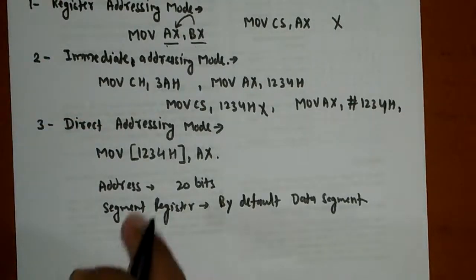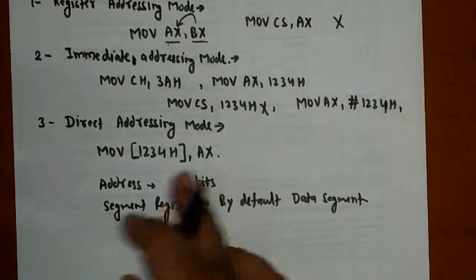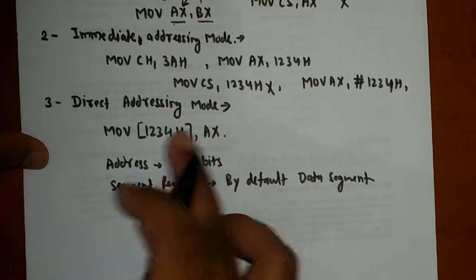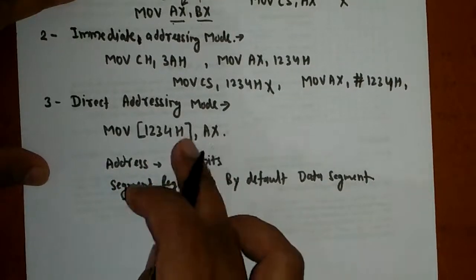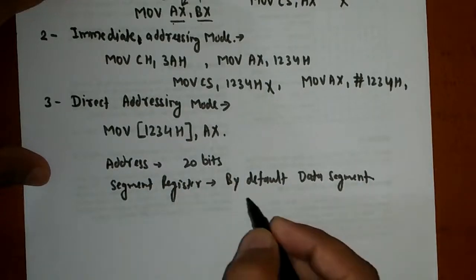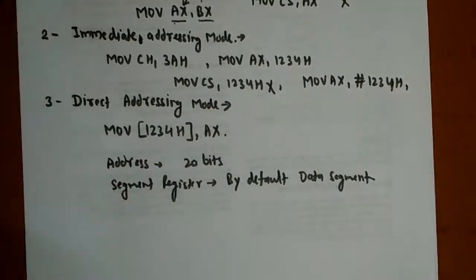So if I am writing MOV [1234H] comma AX, with brackets, that means the content of AX will be copied to the 20-bit address, and that 20-bit address will be given by the content of the data segment, and then we will append a 0 there and add this value.